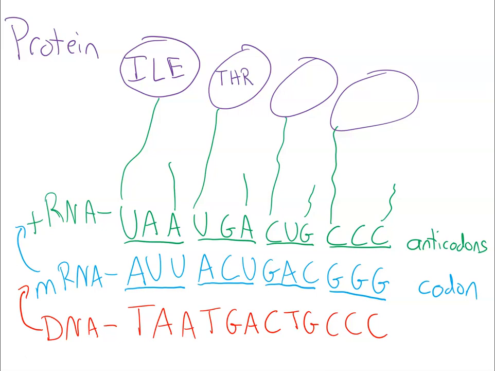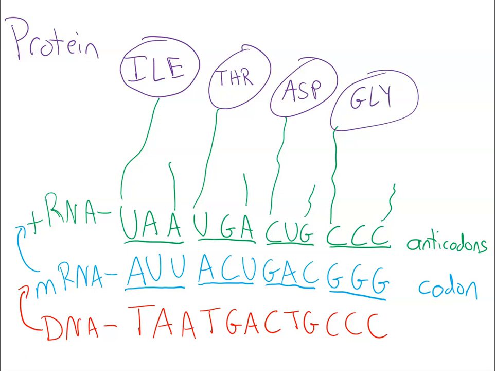The way to figure that out is by looking at the genetic code: the codon ACU codes for threonine. GAC codes for the amino acid asparagine, or ASP. And finally, the codon GGG codes for the amino acid glycine, GLY.